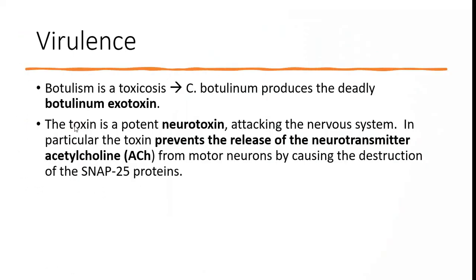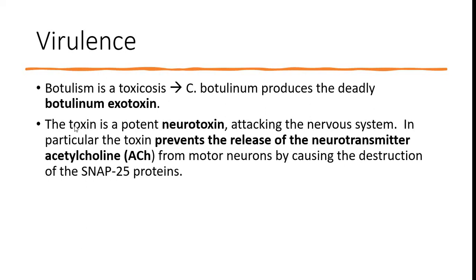Now, again, what is the virulence factor? Botulism is a toxicosis, meaning it is directly related to a toxin ingestion, okay? And it is particularly due to the botulinum toxin or exotoxin. Now, the toxin itself is classified as a neurotoxin. Why? Because it attacks the nervous system.